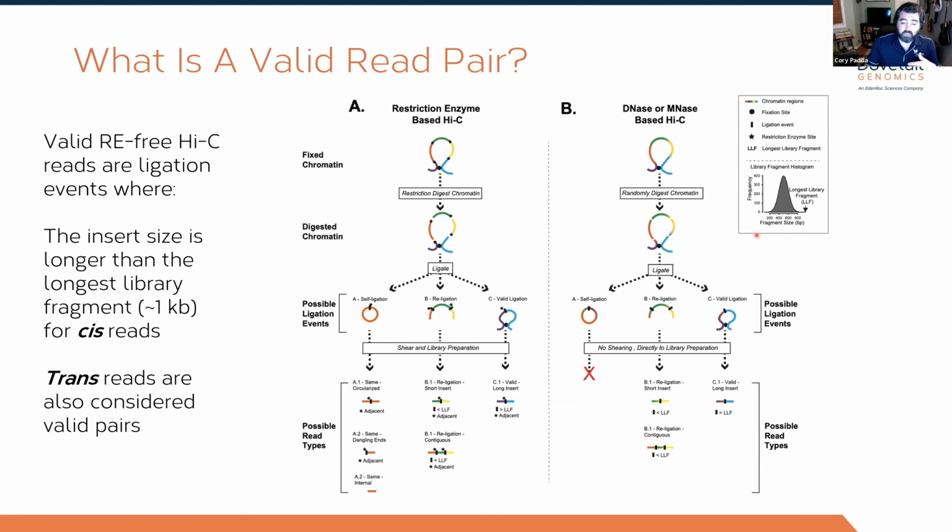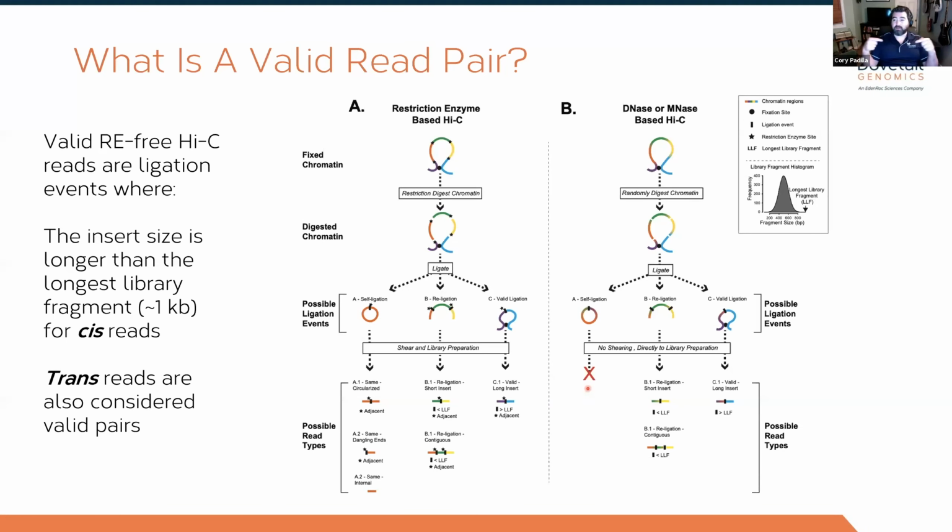One other thing we want to point out here is that our molecule size is so small after fragmentation that we don't have to shear. What that means is these self-ligating events can't be converted into a library. So where you would have these possible read types from the self-ligation in your restriction-based noise, you do not get that noise signal at all in our data.